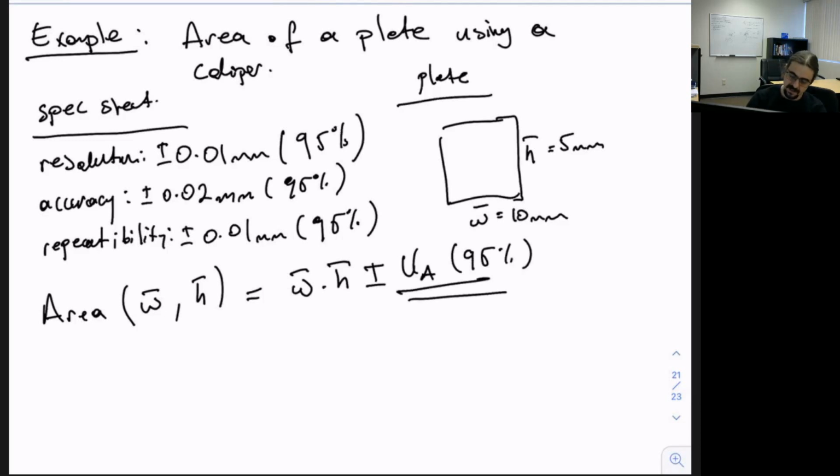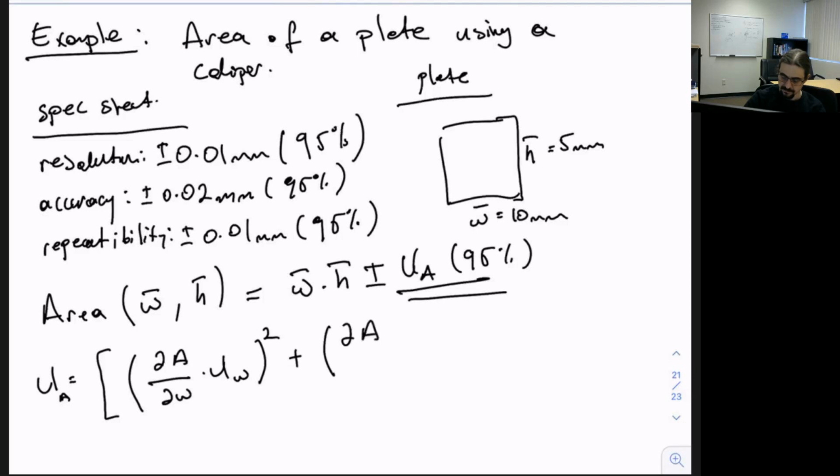Okay, so since we have two measured variables, based on the definition we just gave you, UA is going to be a combination of the errors in width and errors in height, which will be then defined as the derivative of A with respect to width times the uncertainty in width, squared, plus the derivative of area with respect to height times the uncertainty in height, squared, and square root.